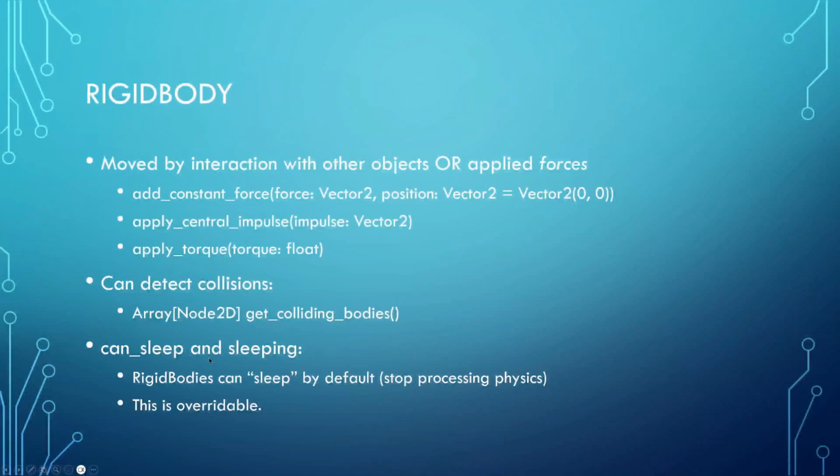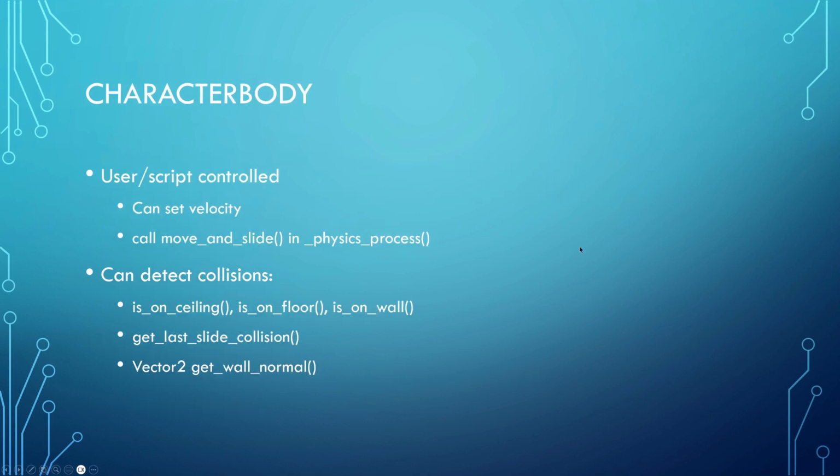So if your physics objects are behaving strangely, you might want to start there, and you might want to override it. Now, character body, again, this is kind of what we use for most characters or player character things in the game. So this is script controlled, and we can have other interactions on this, but we have to detect it and put it into the script.